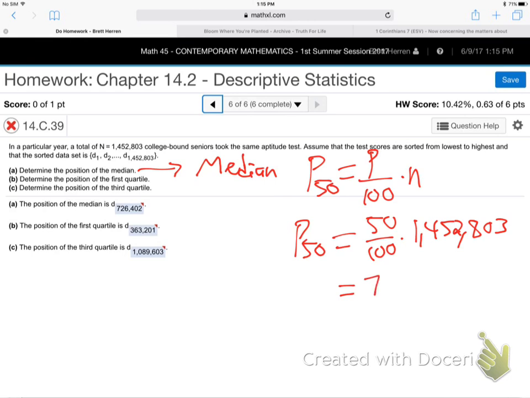I'm getting 726,401.5. Did you guys get that? 726,401.5.